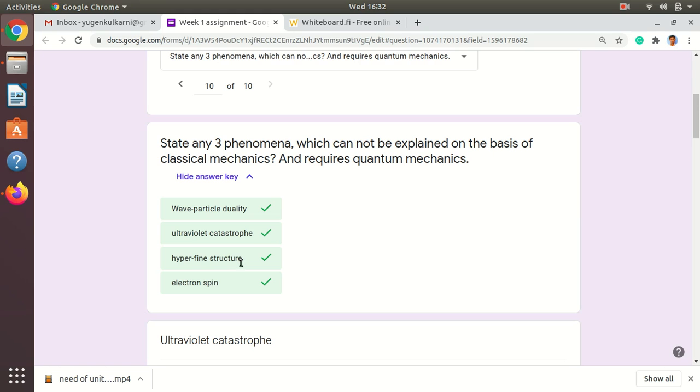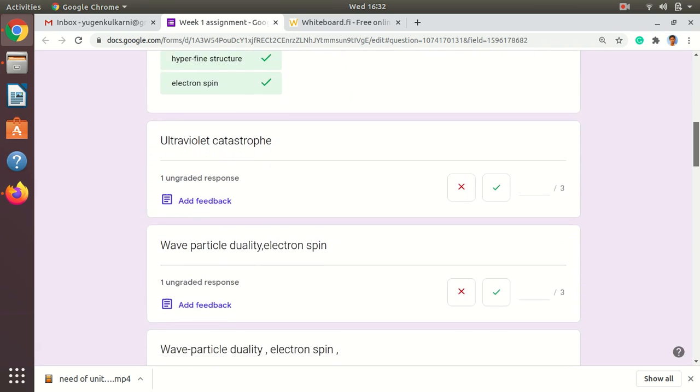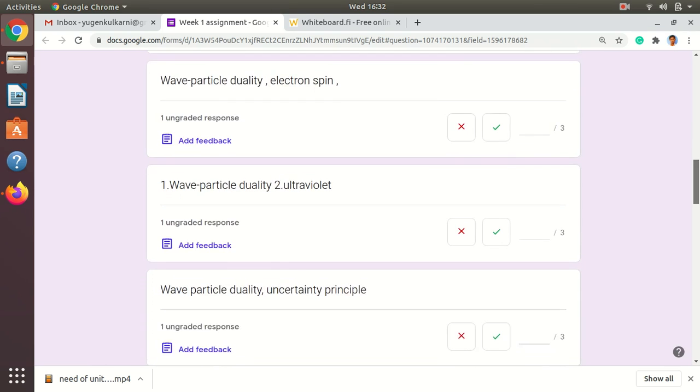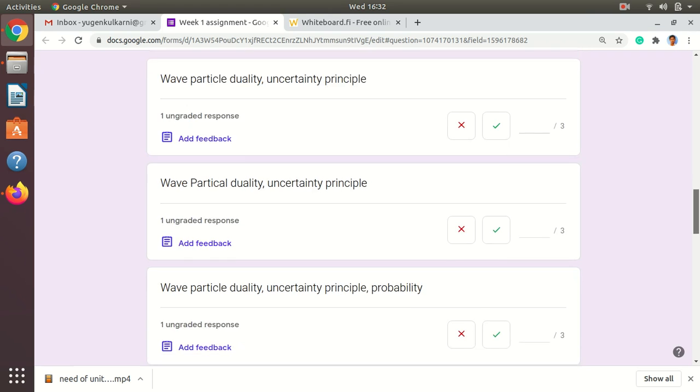Hyperfine structure, which was also discussed, and electron spin, which was not discussed completely and is yet to be discussed in an upcoming video, but it was still a correct answer. Many of you have written these four answers exactly in the same order. I don't know how you approached these four answers. Some of you have written a different answer, the uncertainty principle, and that is a good attempt.